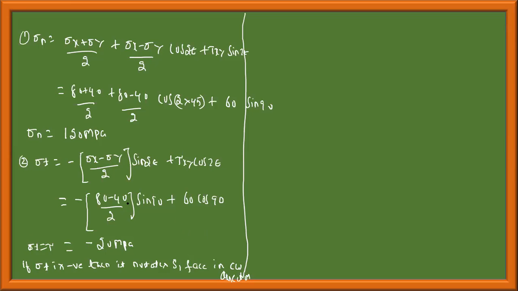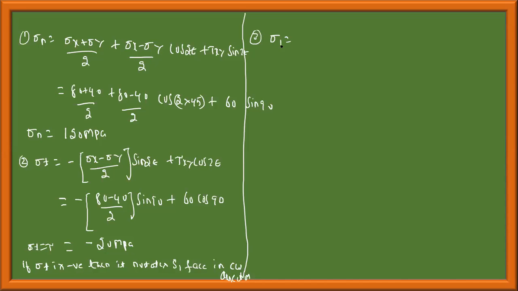And next, sigma 1. See, previously what we did was we found the tan 2 theta, and then we substituted theta p to find sigma 1 and sigma 2. But readily we have sigma 1 in terms of sigma x, sigma y and tau xy. So we will be writing sigma 1 and sigma 2 directly.